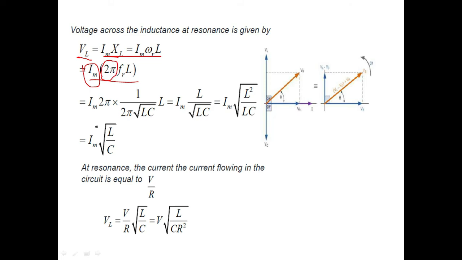So it becomes Im into 2 pi, and the resonant frequency is given by 1 upon 2 pi square root of LC.